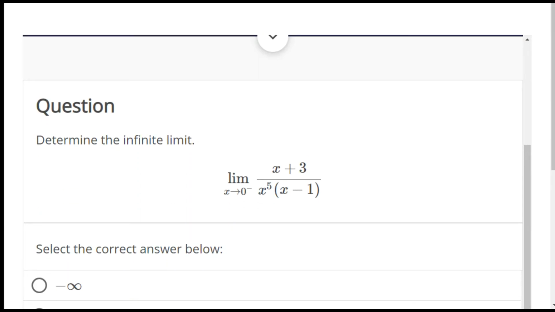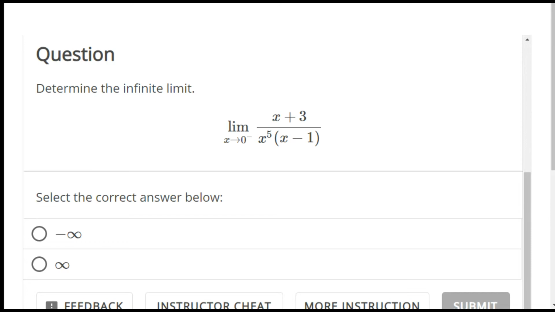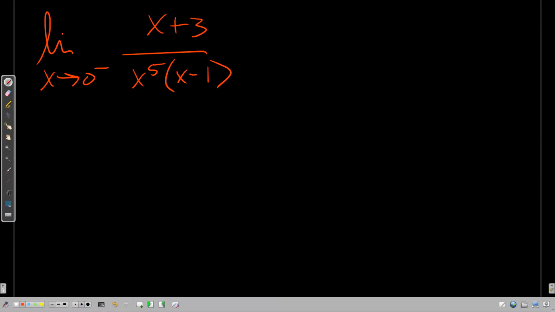Okay, determine the infinite limit. This is the limit as x goes to 0 from the left of x plus 3 over x to the 5th times x minus 1. It's already factored.